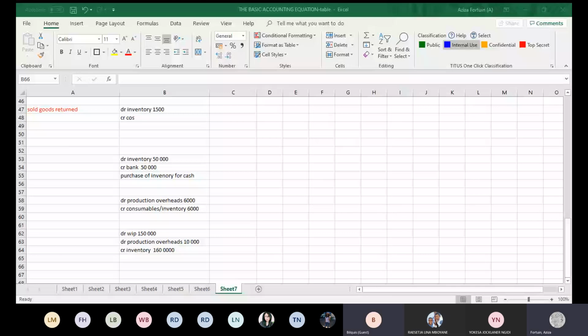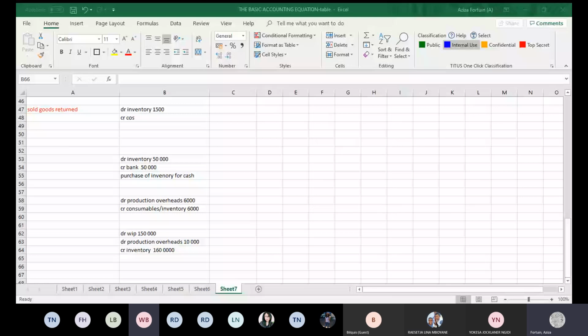That would be your work in progress, so I'm going to debit my work in progress and credit my material account for 25,000. Then number E, indirect materials are issued to production. My production overhead clearance account is going to be debited and my materials account is going to be credited.